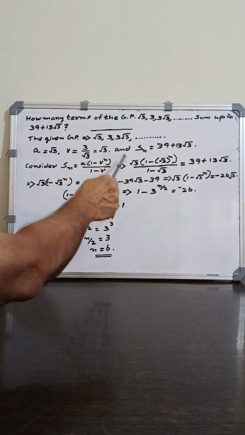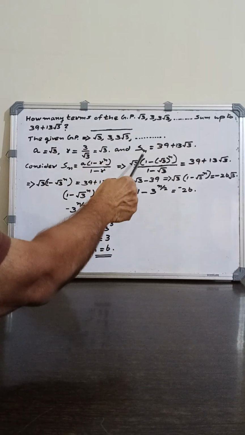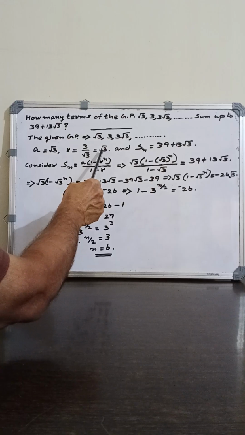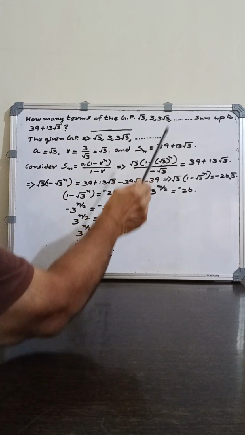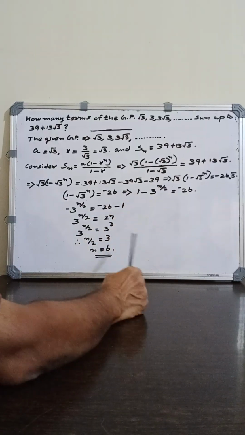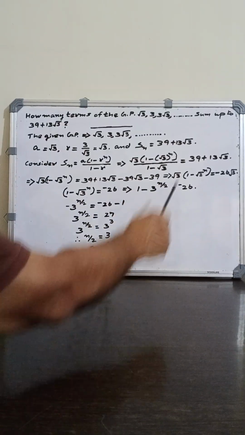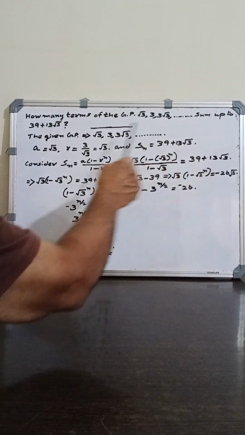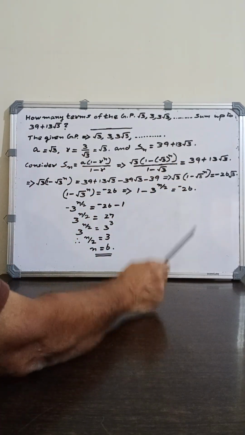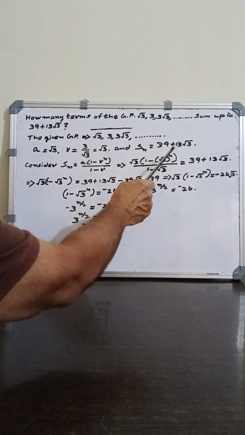Here, A is root 3 into 1 minus r raised to n, the common ratio is root 3 here, so root 3 raised to n, by 1 minus r, that is 1 minus root 3, equals 39 plus 13 root 3, that is given here. But we have to trace the value of n here.